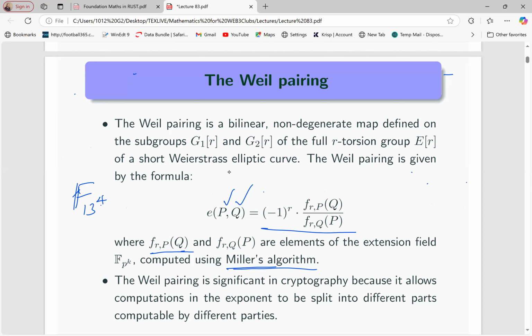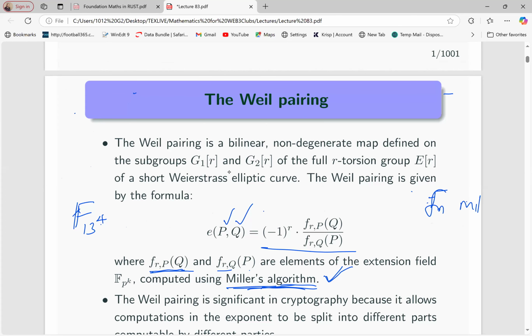So that means you're writing your code, and you must have this part for computing FRPQ and FRQP. The Miller's algorithm part must be there. Now, what other part do we require for doing our code? We've already seen that we will have a function for doing Miller's algorithm.